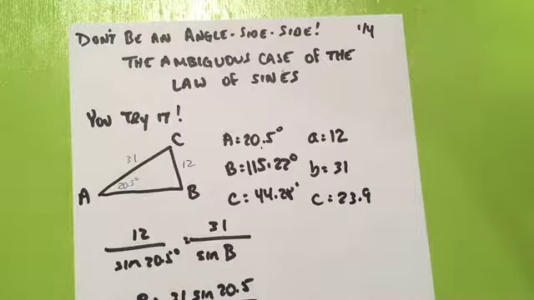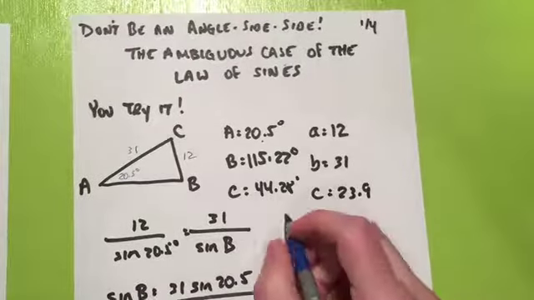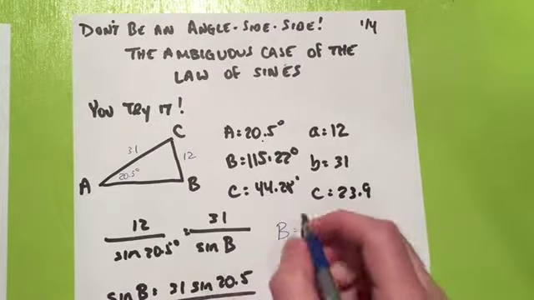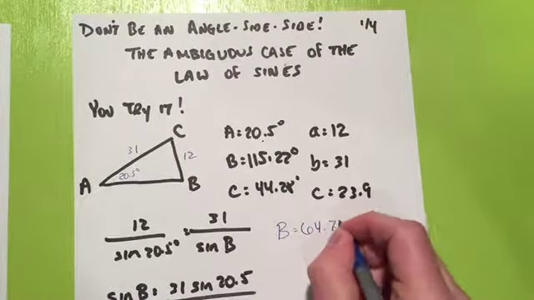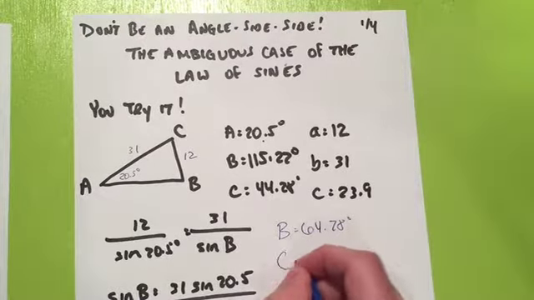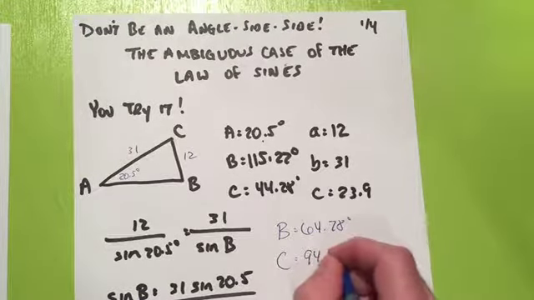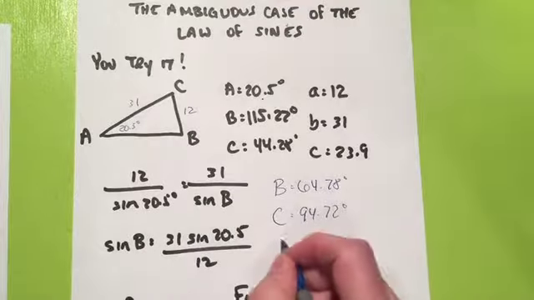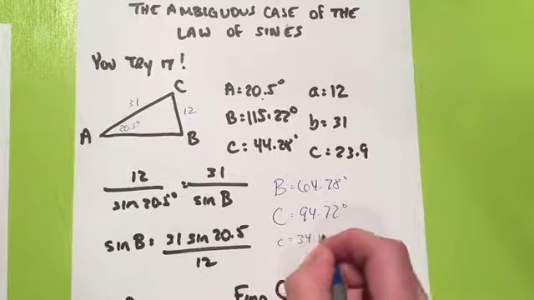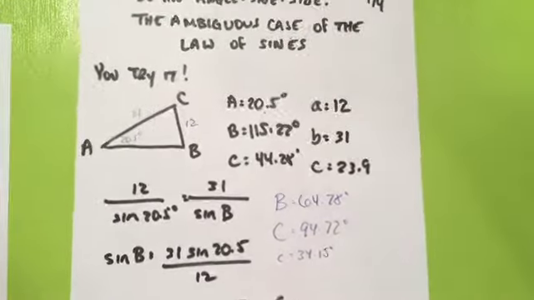Did anybody have as an answer angle B as 64.78 degrees, angle C as 94.72 degrees, and side c as 34.15, not degrees, just a side length?